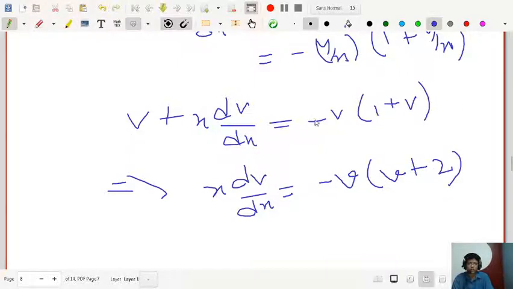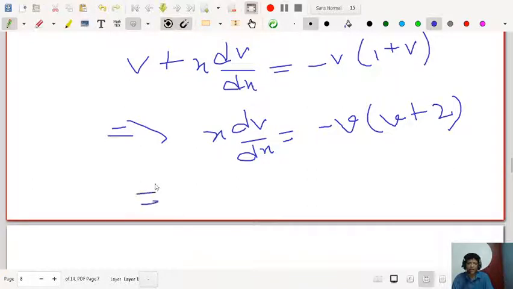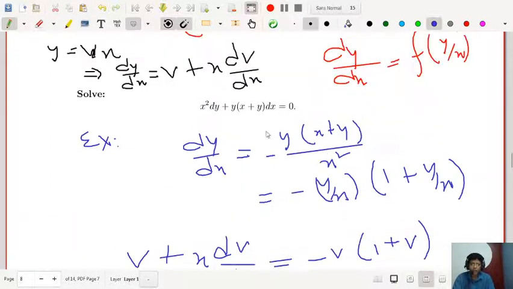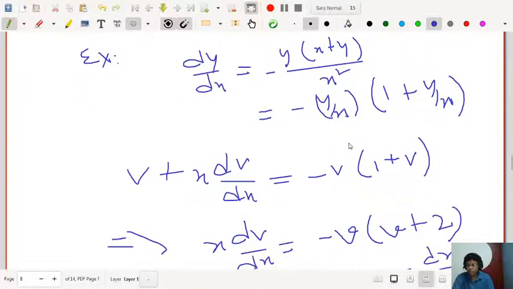If you transpose and do the separation, dv/(v(v + 2)) equals minus dx/x. So in a homogeneous equation, first you apply y equal to vx, after that you do the separation, and that will give you the general solution. You know how to integrate this. It is a very simple integration. You can take the help of partial fractions. This is how you deal with homogeneous equations.